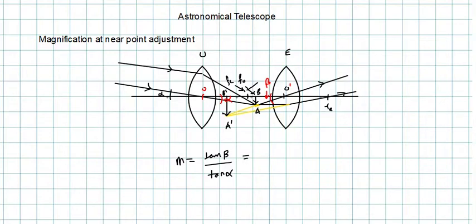So what is tan beta? Tan beta would be AB by how much is this distance? This distance is UE. So it is UE. What is tan alpha? Alpha would be from here to here.